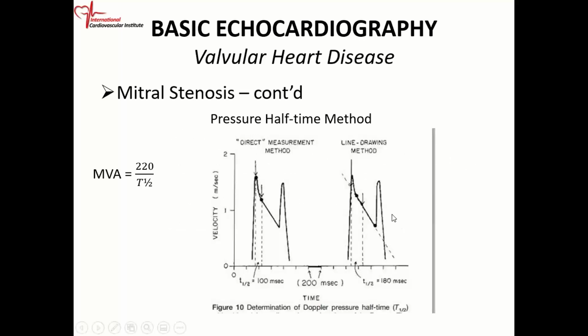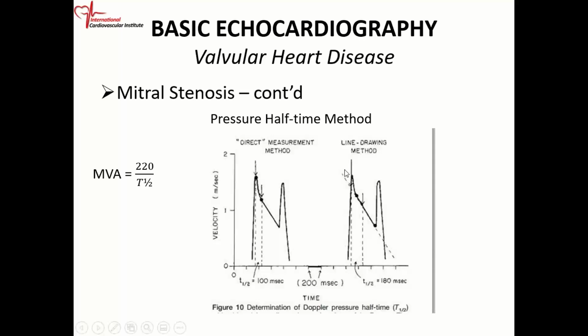So sometimes when you do your pressure half time assessment, you get a sort of mitral inflow envelope. You get something looking like this, and then you wonder, where do you put your cursor to get the pressure half time? You're going to go right at this flat portion. You don't do it at the beginning. This is where you do it.